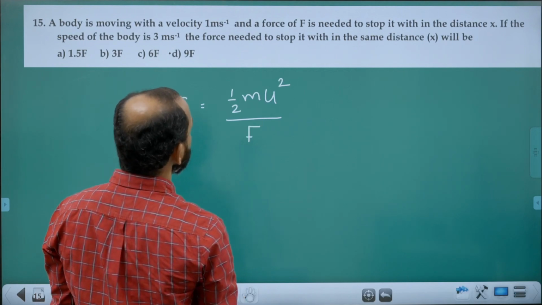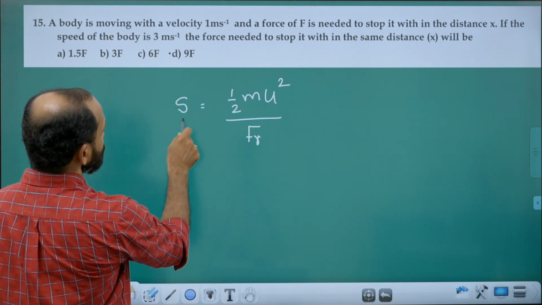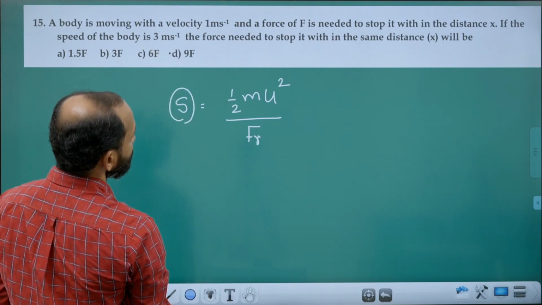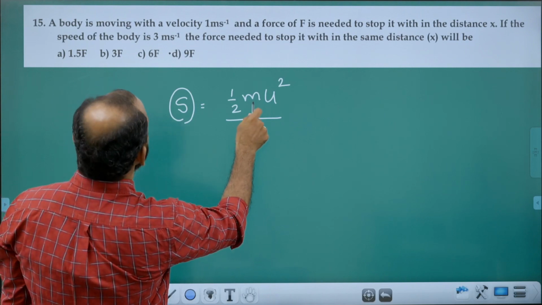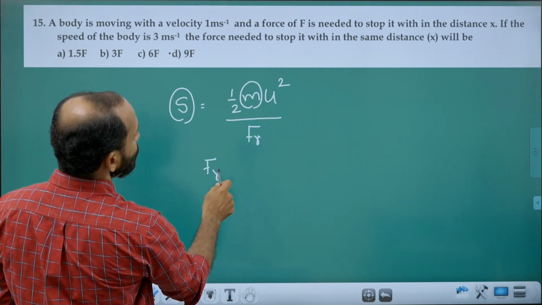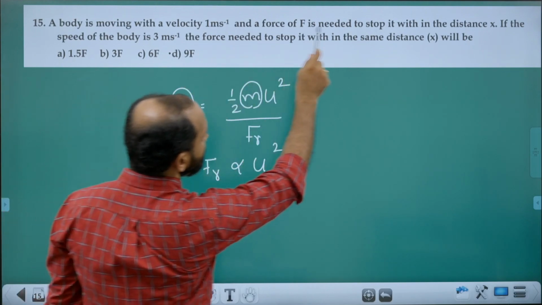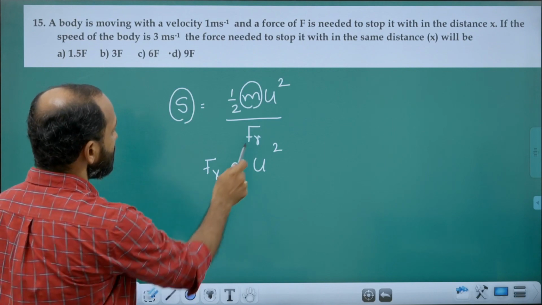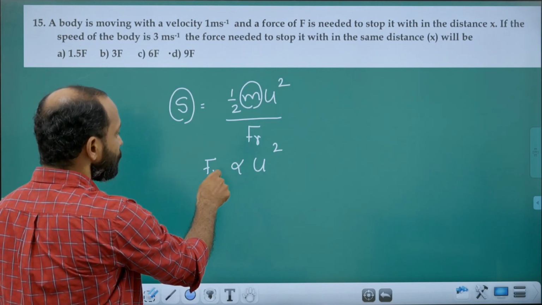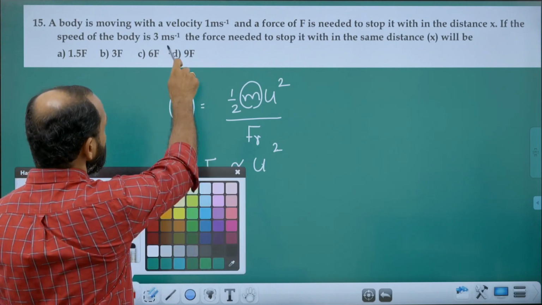Here the stopping distance is constant, and the mass of the body is also constant. That means retarding force is proportional to speed square. Speed has become 3 times, so retarding force has become 3 square, that is 9 times. So the right choice is option D.